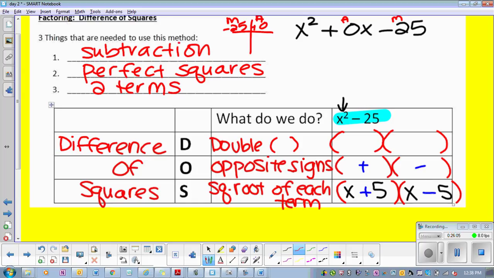Negative 5 and 5. So look at that. That's what we have here. X plus 5 and x minus 5. But normally when you see a binomial difference of squares, that's the easy, quick way to do it. Okay?